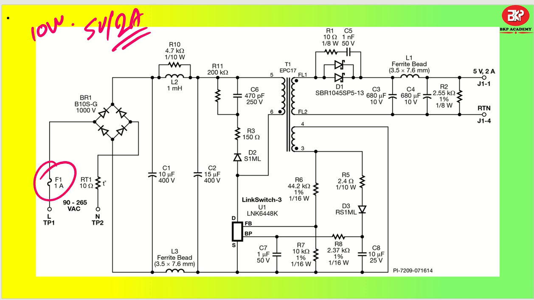And how the fuses and NTCs were there, how the bridge rectifier was working, how the input capacitors were chosen based on the spreadsheet, and what the functionality of this pi filter is. And how this RCD snubber works in removing the input ringing, as well as suppressing the drain voltage so that it doesn't damage the inbuilt MOSFET of the link switch device.